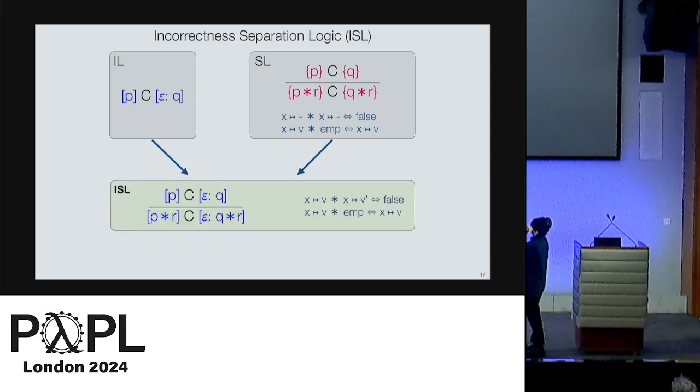So you want to put these two together and get incorrectness separation logic. Like any good researcher, we took the path of least resistance. What's the simplest thing that we can do?